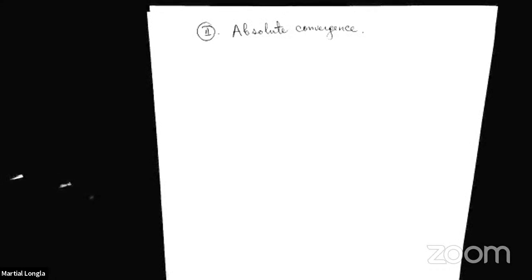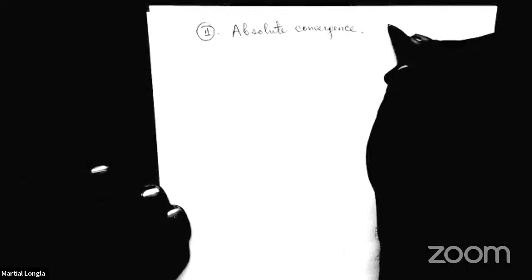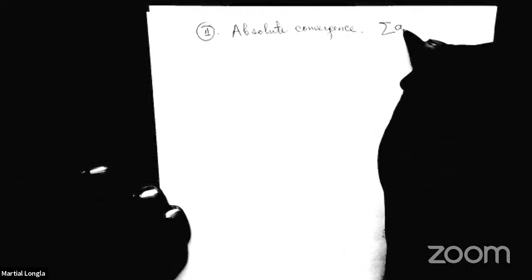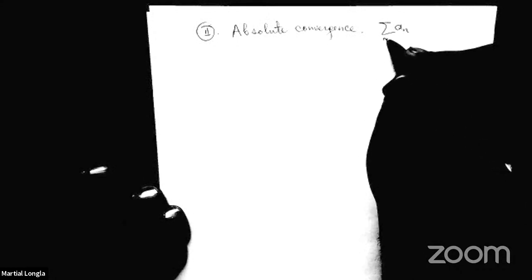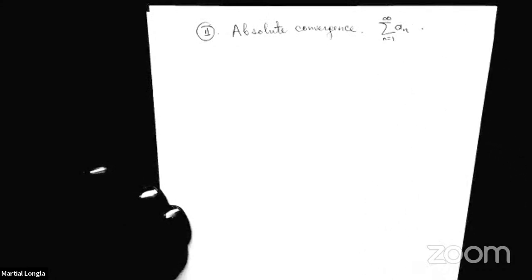So here, it's just any sequence. So you have any sequence and you take the sum of the terms of that sequence. No condition, no a_n positive, no (-1)^n times b_n. It's just a sum of the terms of any kind of sequence.